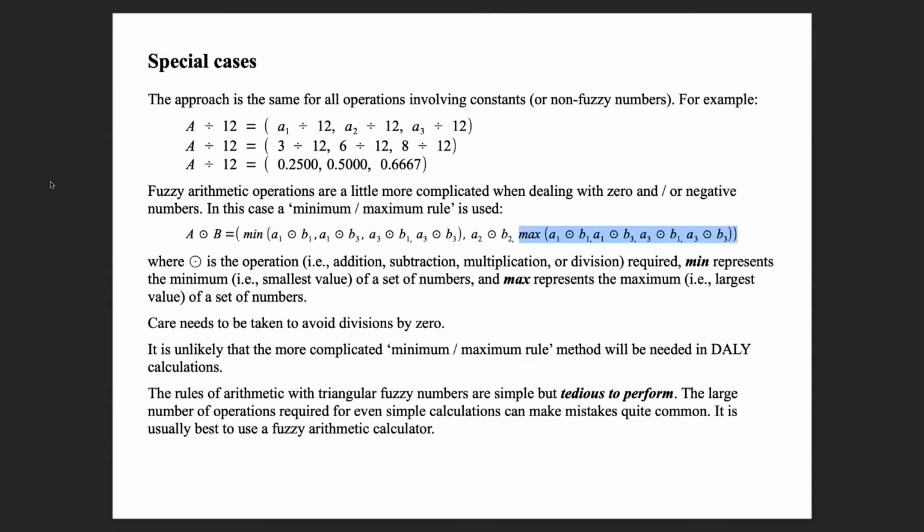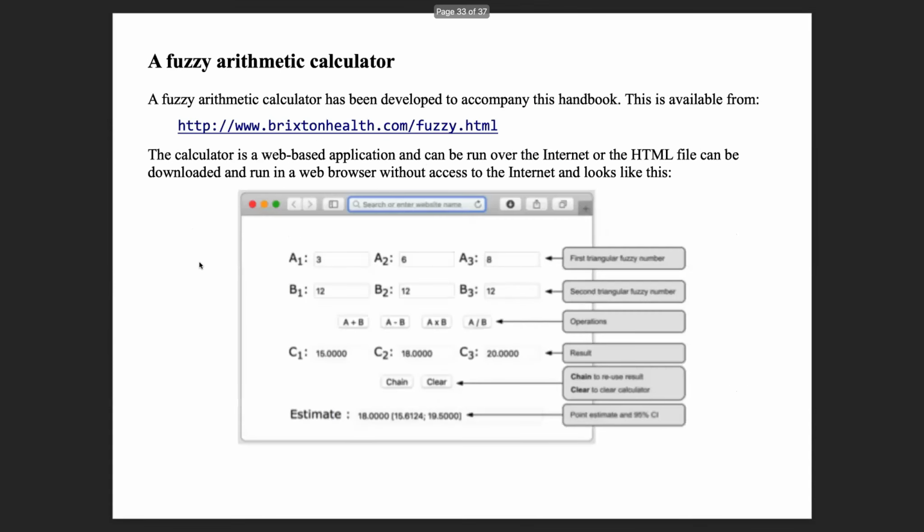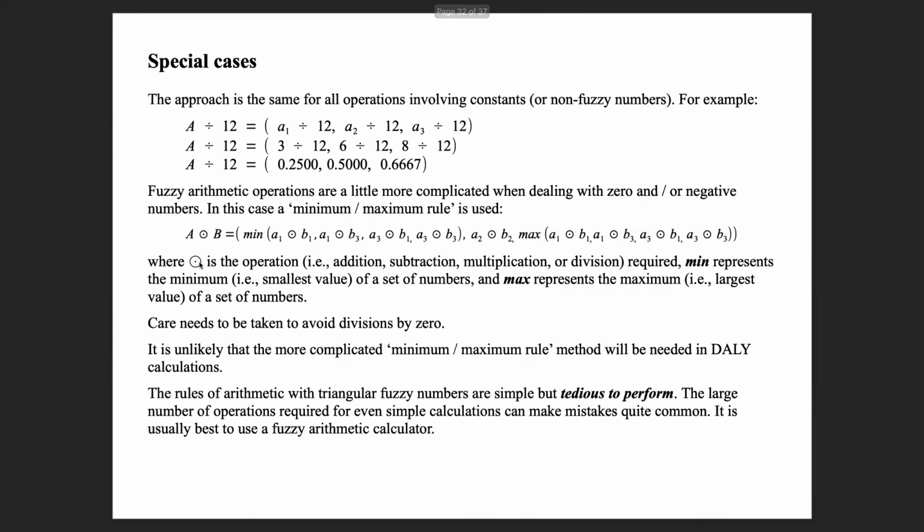In this formula, the strange symbol, the circle with a dot in it, is the operation: addition, subtraction, multiplication, division. Min represents the minimum value of a set of numbers, and max represents the maximum value of a set of numbers. When we're doing maths like this, we have to take care to avoid division by 0.